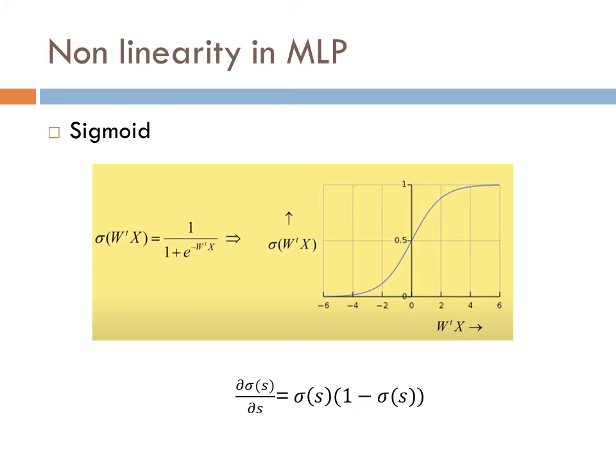So this is the derivative of this sigmoidal function, which is a nonlinear function, and we will make use of this derivative in subsequent lectures. So we have to remember this. If you take the derivative of the sigmoidal function sigma s, it has the form sigma s times 1 minus sigma s.